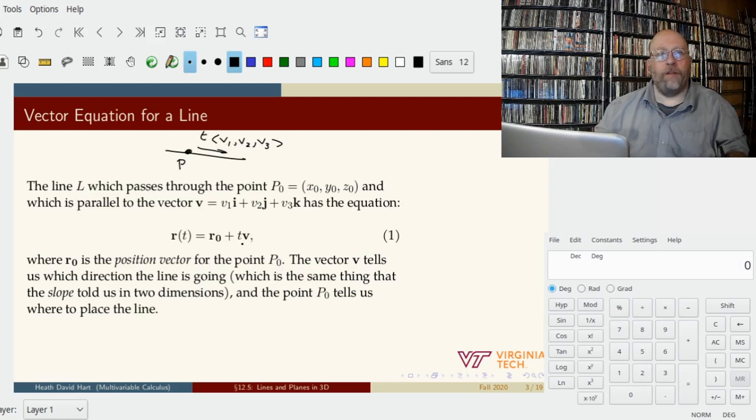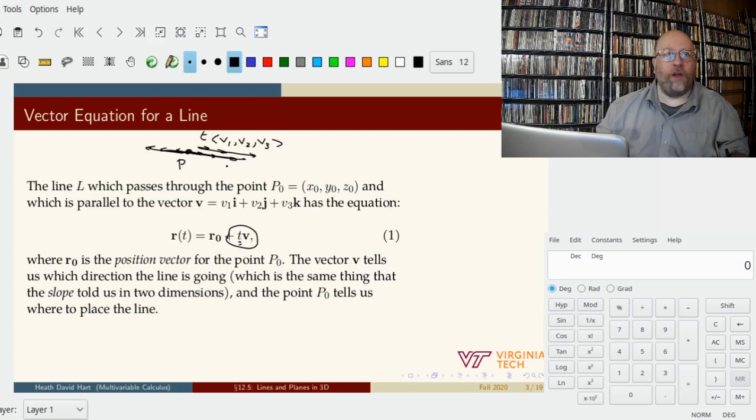I'm going to call this constant t for right now. That changes the size of the vector, makes it larger or smaller. And if I add this scaled version of that vector to this point, and I can scale it by a negative amount also, then for every value of t, I generate a new point on this line. Eventually the entire line gets generated by replacing t with all real numbers. And so that's the way this works.